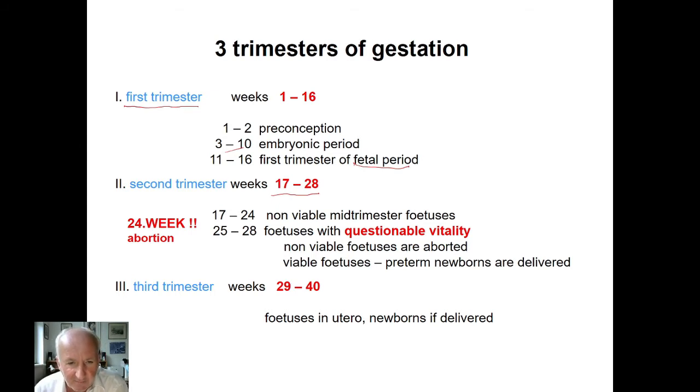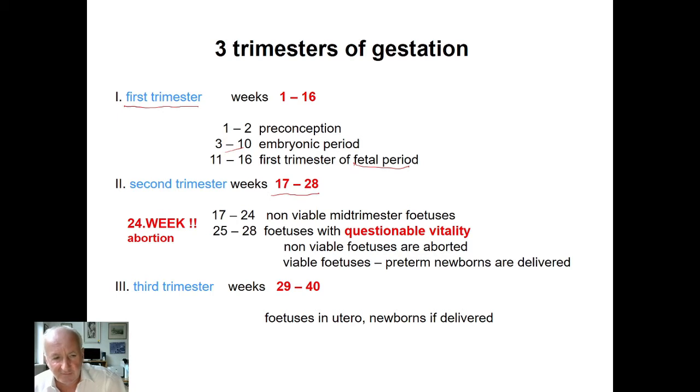That's a very important part, because maybe you know or not, but the 24th week is taken as a very important borderline. Up to the 24th week, if a dead fetus runs out from the body of the mother, it's automatically an abortion.